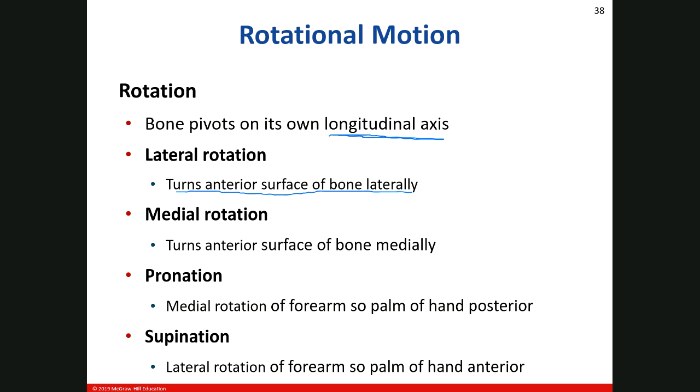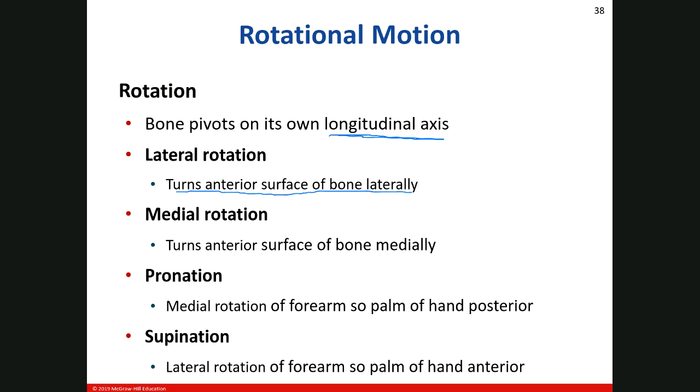You can make fists with your hands. So now if I want to do lateral rotation, if I swing my fist and arm out to the side, that's lateral rotation. When I bring it back across my body, that's medial rotation.